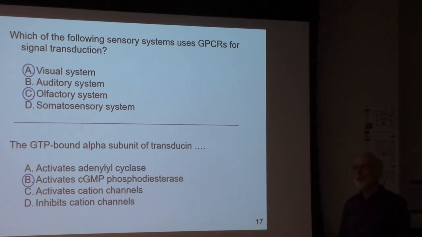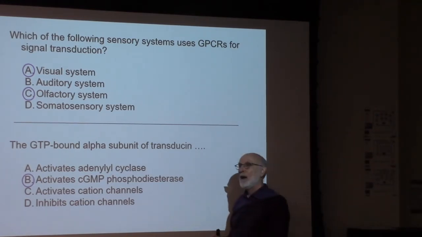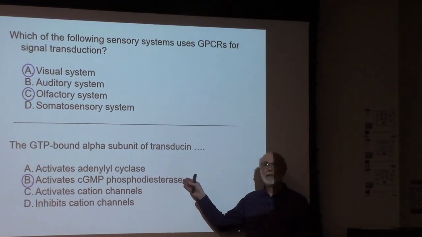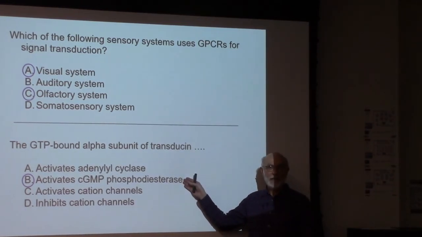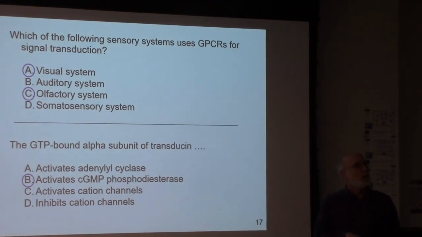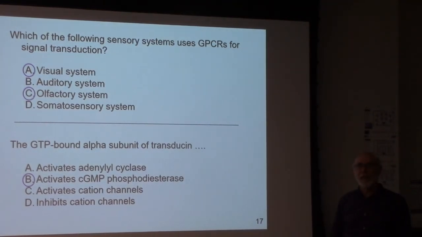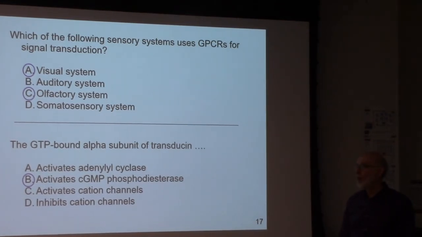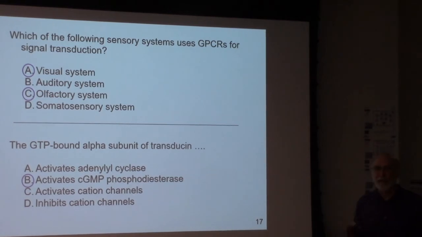Transducin is in the visual system. The GTP-bound alpha subunit of transducin is what activates a phosphodiesterase in the rods and cones that breaks down cyclic GMP and allows the closing of those cyclic GMP gated channels. Questions? I want to give you the opportunity to say, wait a second, I thought something different.